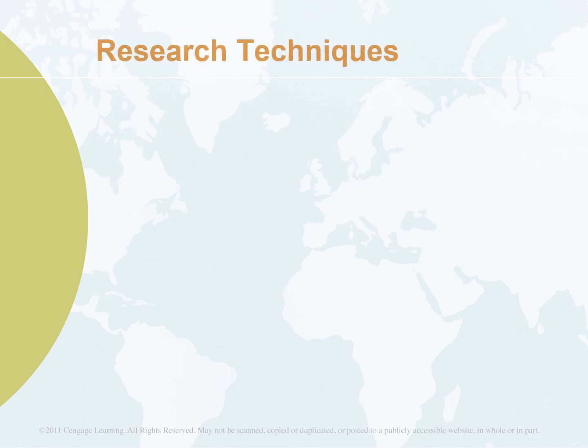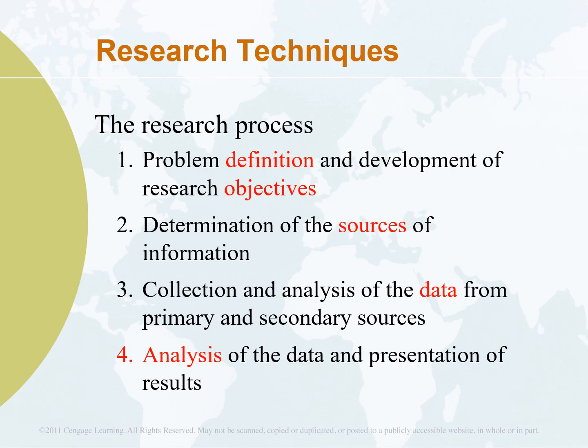Research techniques. First, what is the process that you go by in conducting global marketing research? The first step, problem definition and research objectives. So you define your problem and develop your research objectives. What do you want to achieve through this research? Second, determination of the sources of information.